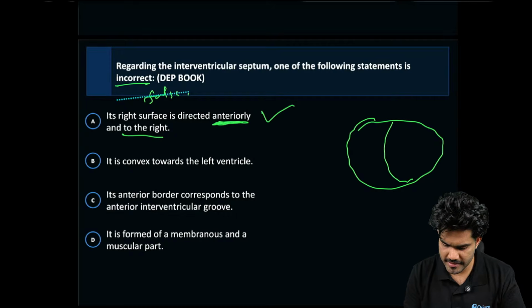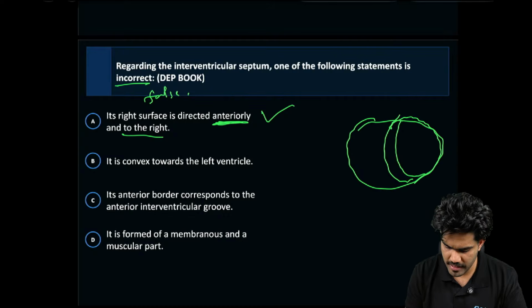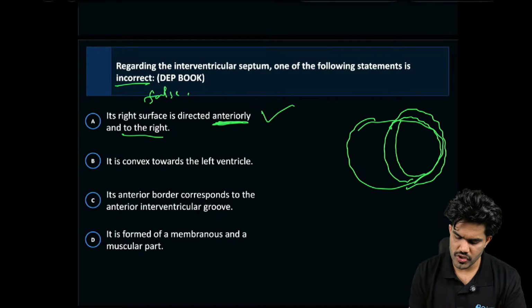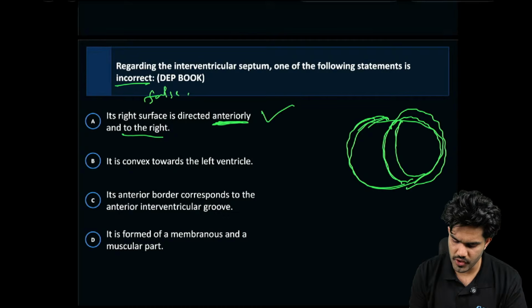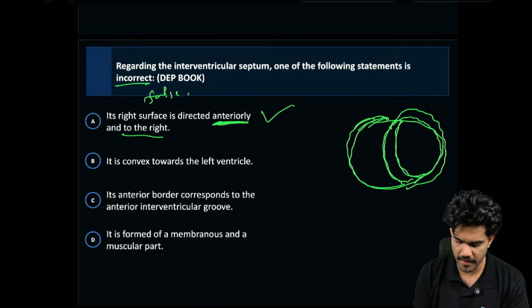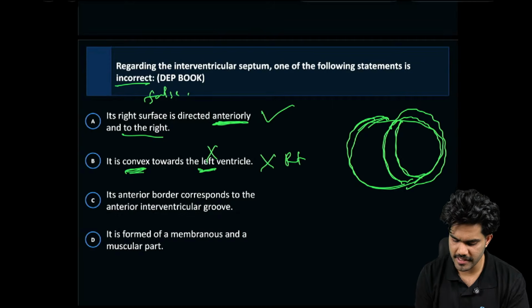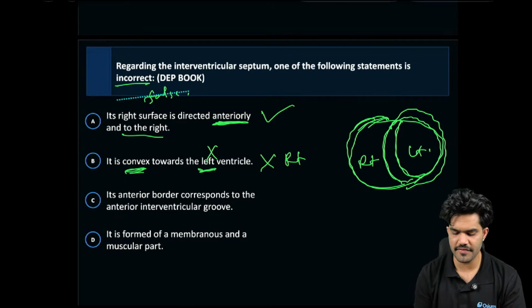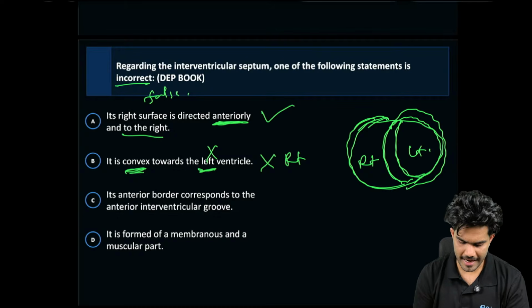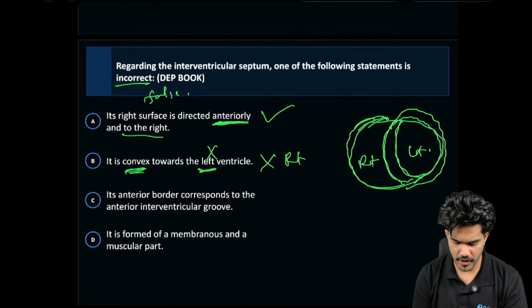It will be like this. The interventricular septum continues with the left ventricle. So it is convex towards the right ventricle, not the left ventricle. This is right, this is left. It is concave towards the left. So let's see option C.